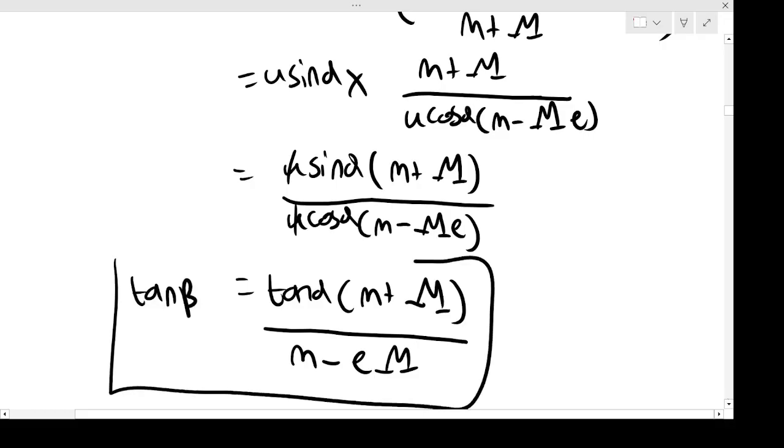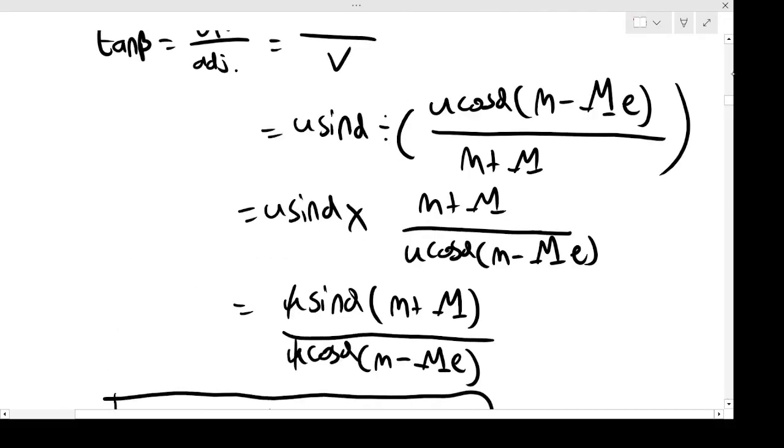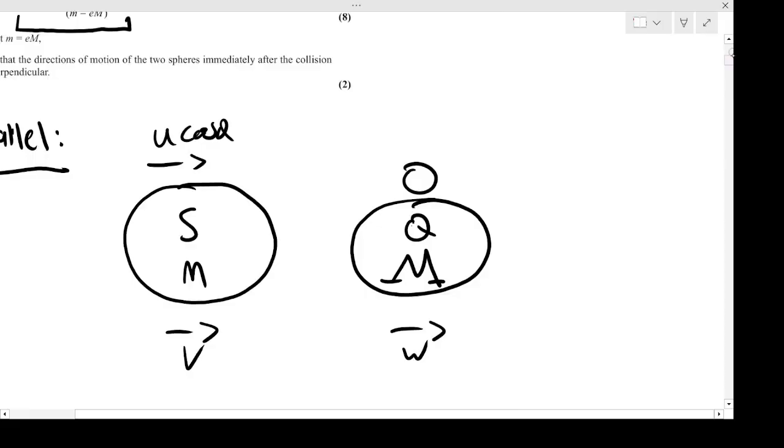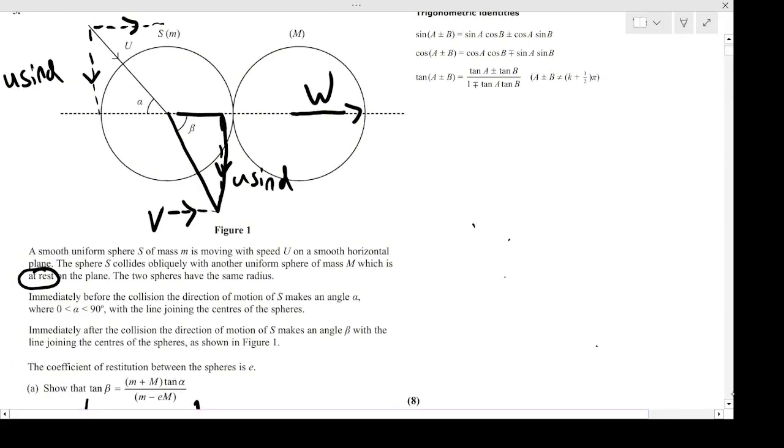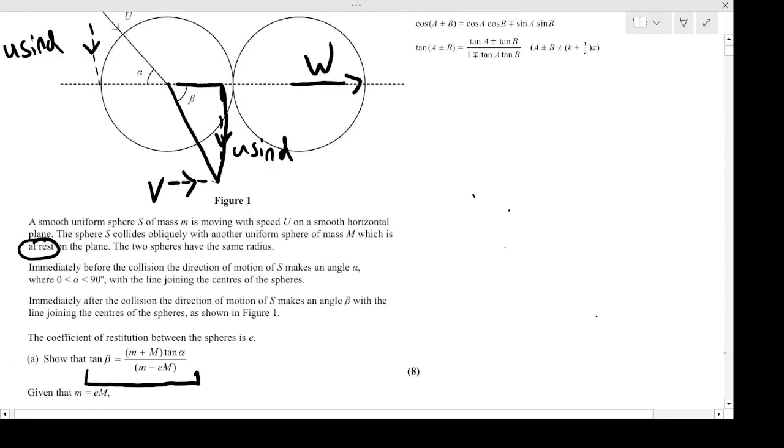And actually, that's the expression they wanted. Okay. So tan beta, (m plus big M) lots of tan alpha over (em minus e big M). So we get that horrible expression there. Okay. So there we are.